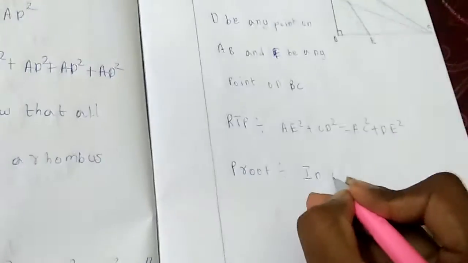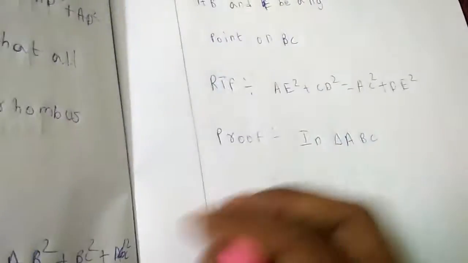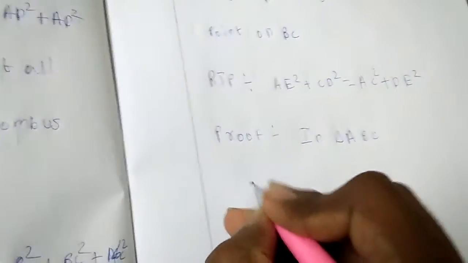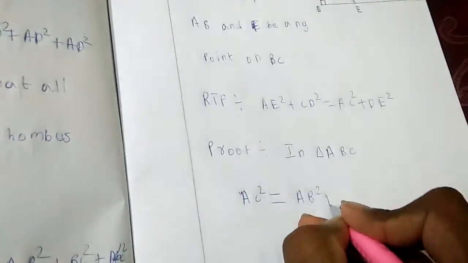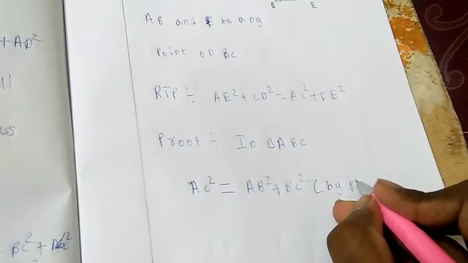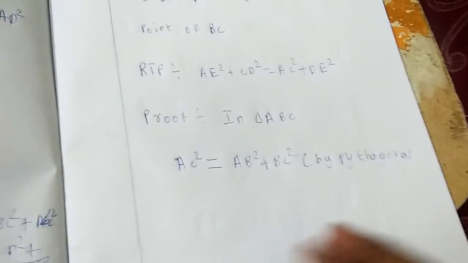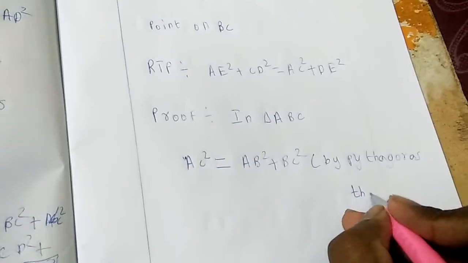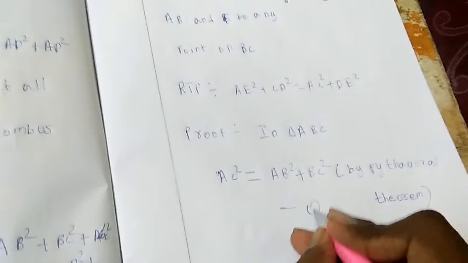In triangle ABC, AC square is equal to AB square plus BC square by Pythagoras theorem. So let it be equation number 1.